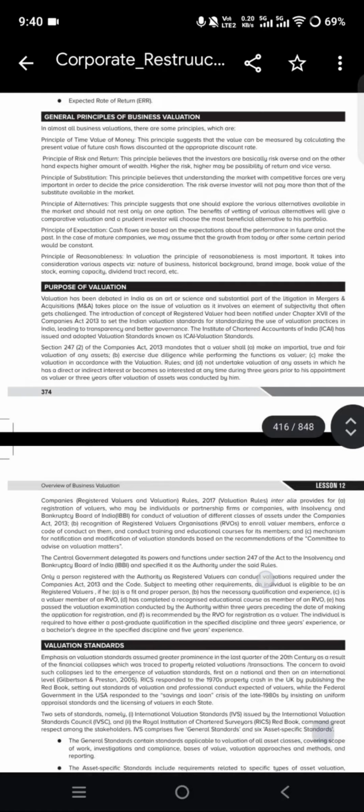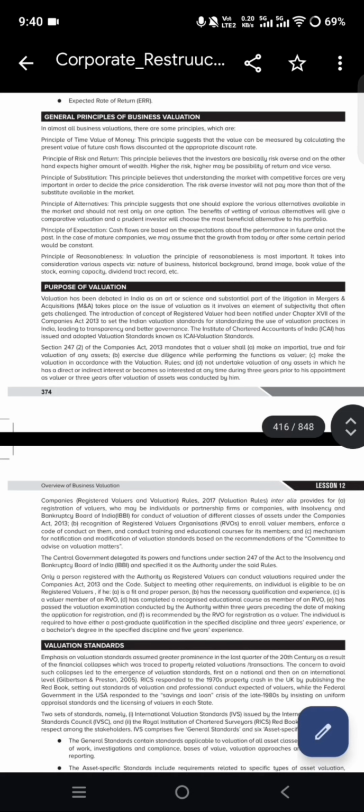Asset specific standards include requirements related to the valuation of specific types of assets, including background information on the characteristics of each asset type. Background information, why? See, there are 2 assets. One asset has gone through standard depreciation on a standalone basis, and one more on the basis of written down value.